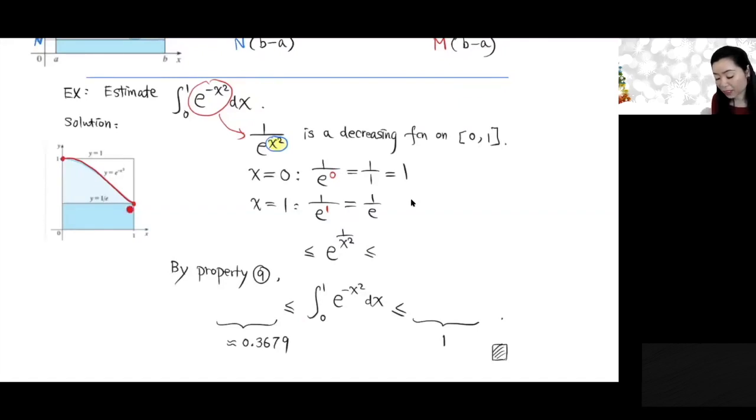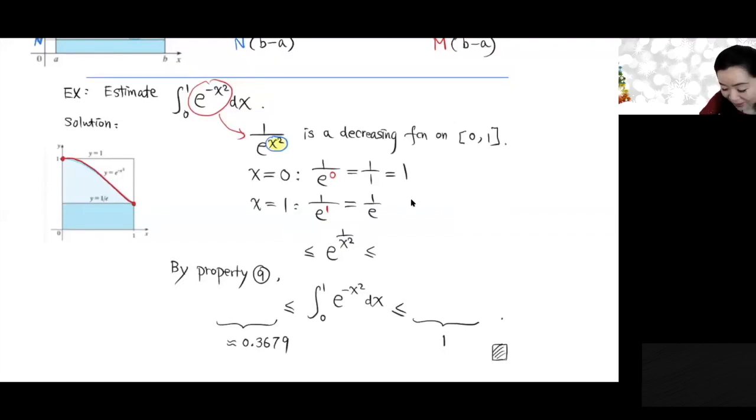Because this is a decreasing function, the y coordinate at this point here is the lower bound for this function on this interval. And the upper bound, just check, it's not 1.